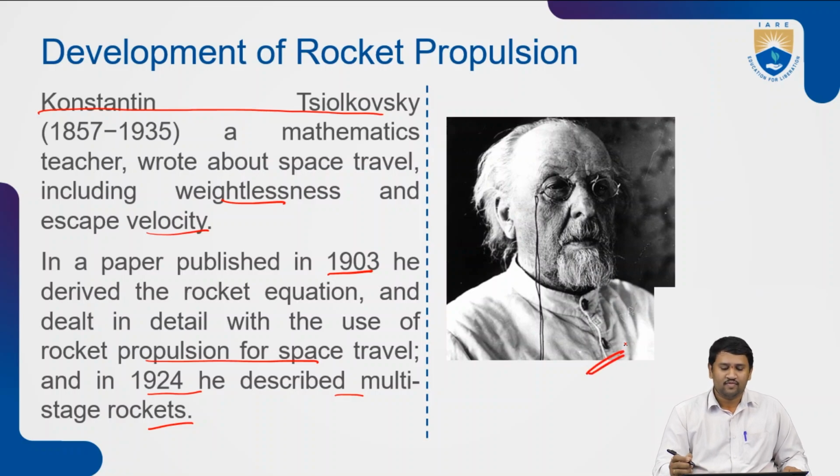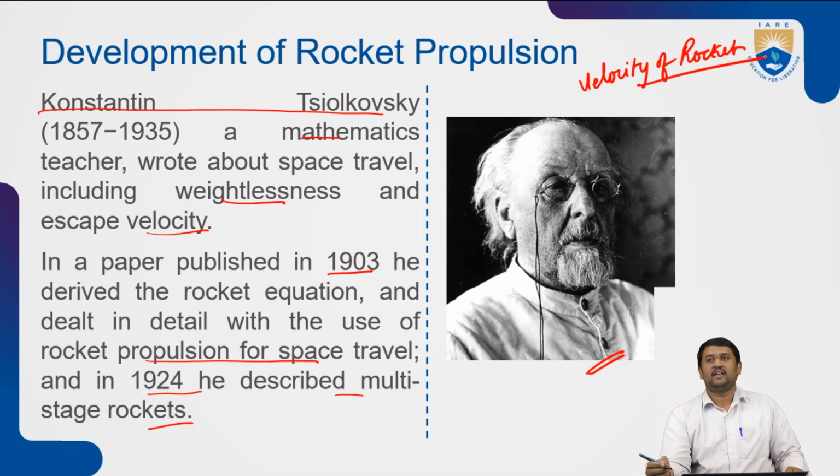He is a person who was simply a mathematician who derived a mathematical equation to give a clear idea of the escape velocity or velocity of a rocket. This we will be seeing in further modules.